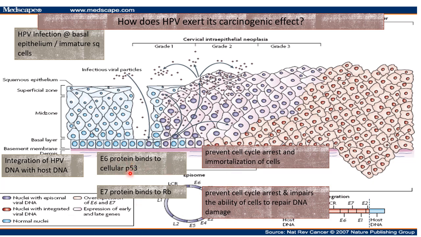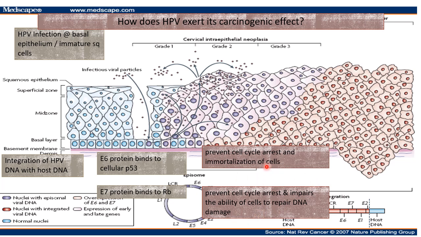The binding to P53 will prevent cell cycle arrest, so the cell will continue to proliferate, and also prevent cell death, so immortalization of the cells. E7 binding to RB also produces the same thing, preventing cell cycle arrest, and on top of that, it also impairs the ability of the cells to repair DNA damage.